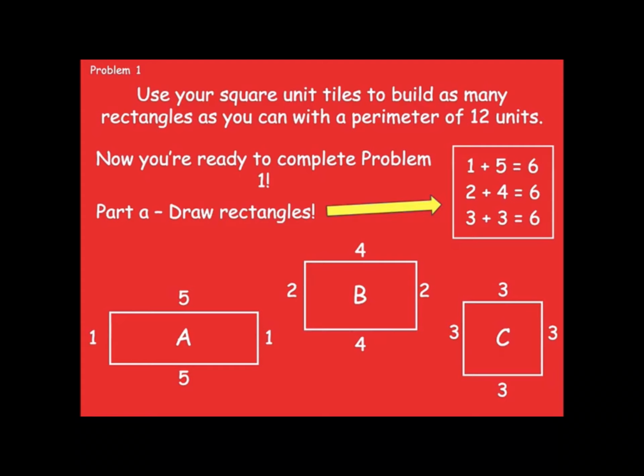Let's look at B. 4 plus 4 is 8, plus my 2 side lengths of 2 is 4, so 8 plus 4 is 12. And then if I add all of my side lengths on C, we would also come up with 12. So that's why these 3 rectangles represent a perimeter of 12 units.